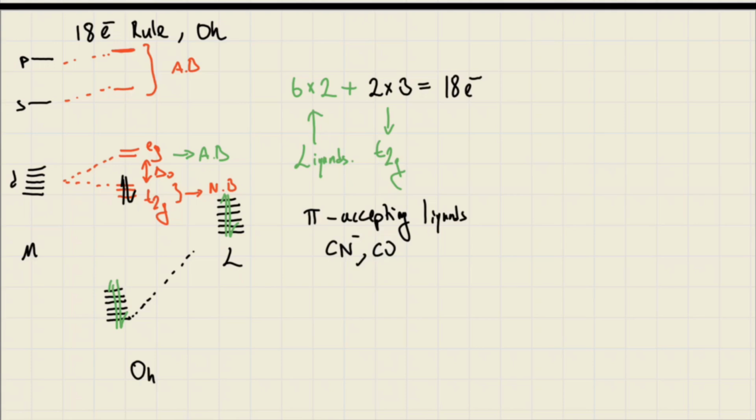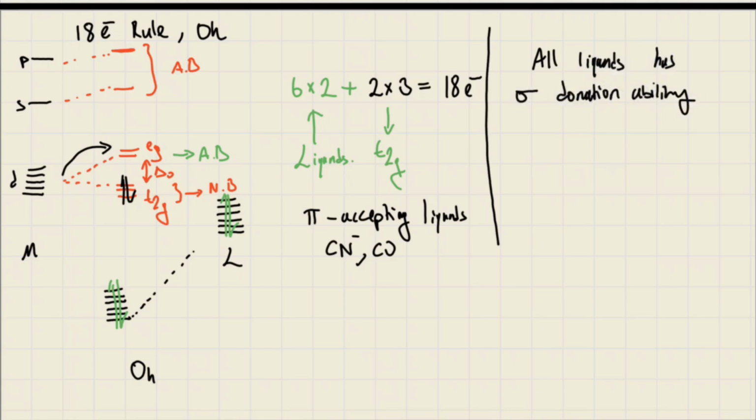So what happens in the octahedral splitting? EG orbitals are destabilized, so their energy increases a little bit, and T2G orbitals are not affected energetically, so they are non-bonding orbitals. By the way, we have to know that all ligands have a sigma donation ability.